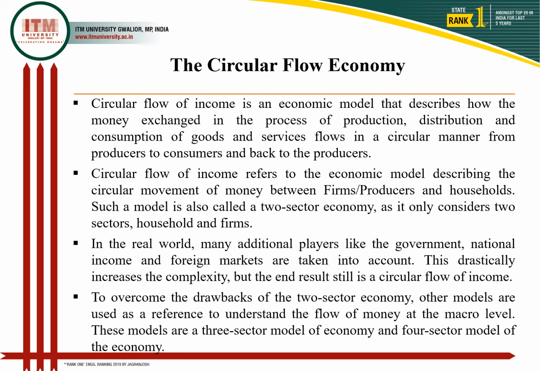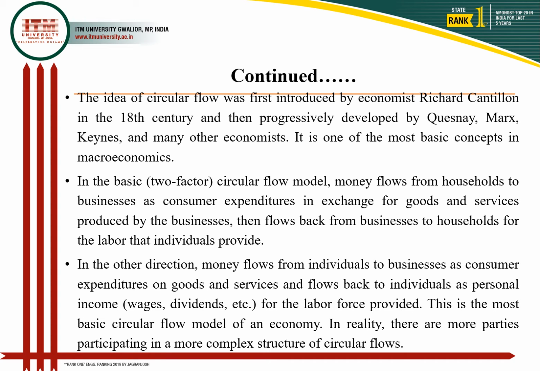To make it easier to understand, we will discuss it in steps: first the two sector, then the three sector, and then the four sector model of the circular flow in the economy.